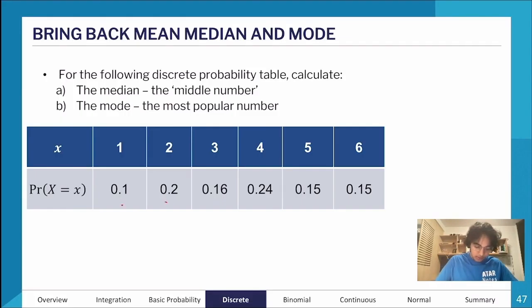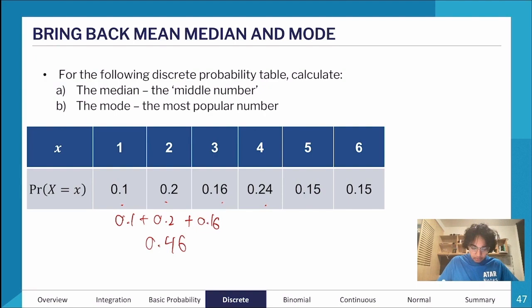So you want to add these up and work out where that 50% mark lies for the median. The way I like to start is I start on the left and keep adding until I get to 0.5. So I have 0.1 plus 0.2, which is 0.3, plus 0.16, which is 0.46, sorry.